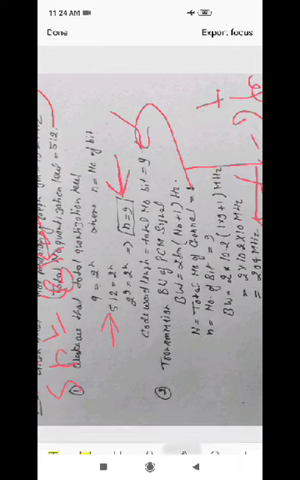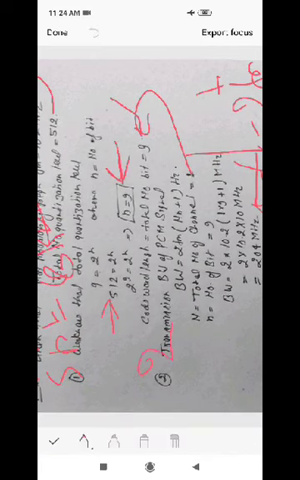In 2018-19, the same question was asked. One parameter is changed: 24 TV channels are transmitted using 10.2 megahertz band limited frequency and 512 quantization levels.